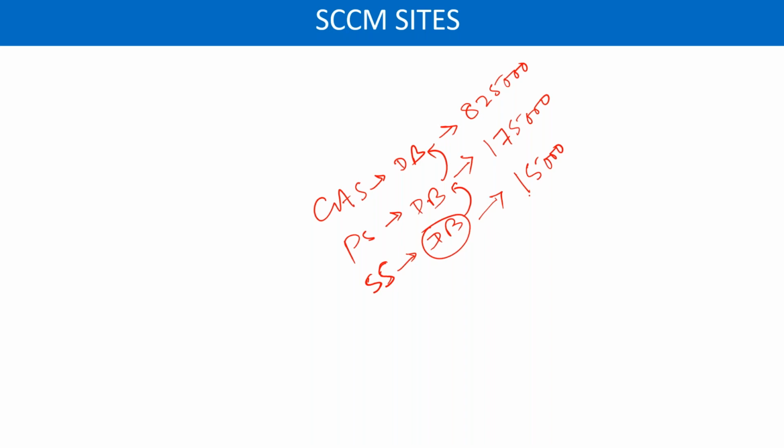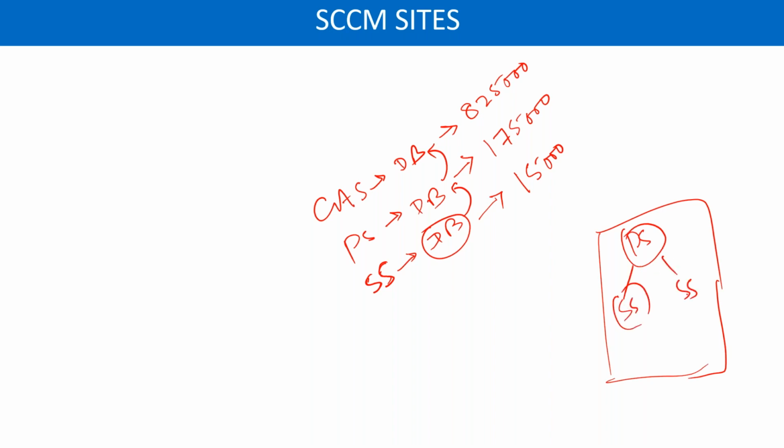But the maximum number of client it can support, in under one primary site hierarchy. Suppose you have hierarchy of primary site, and then you have secondary site, right? So in this hierarchy, the total number of devices it can support up to 175,000. Understood?